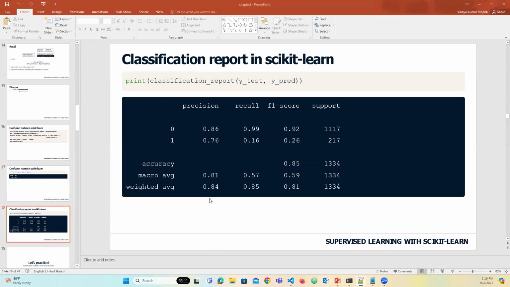Classification report in Scikit-Learn. Pass the same arguments to classification_report, which outputs all the relevant metrics.